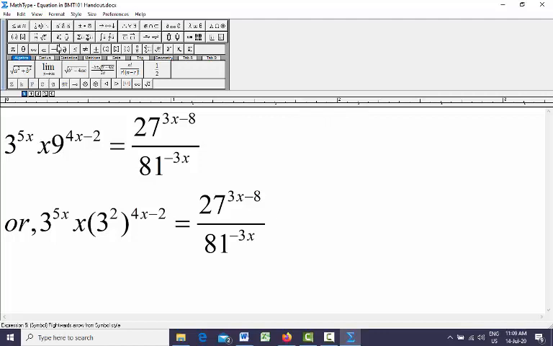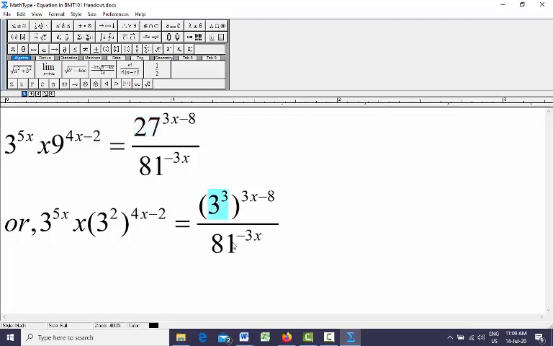Then this one, 27, can be written as 3 power 3, 3 cube.